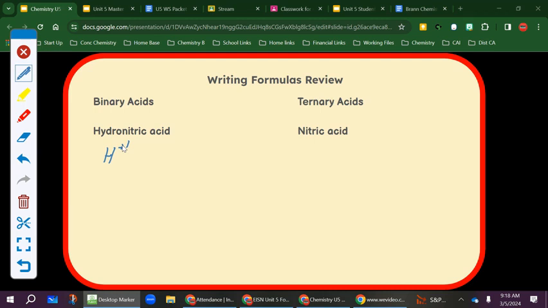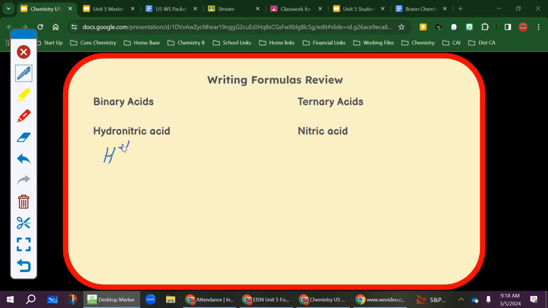Remember, there's only two elements here. So nitric comes from nitrogen. Hydrochloric acid comes from chlorine. Hydrobromic acid comes from bromine. Okay? So again, all binary acids begin with hydro and end with ic acid. The formulas all begin with hydrogen.